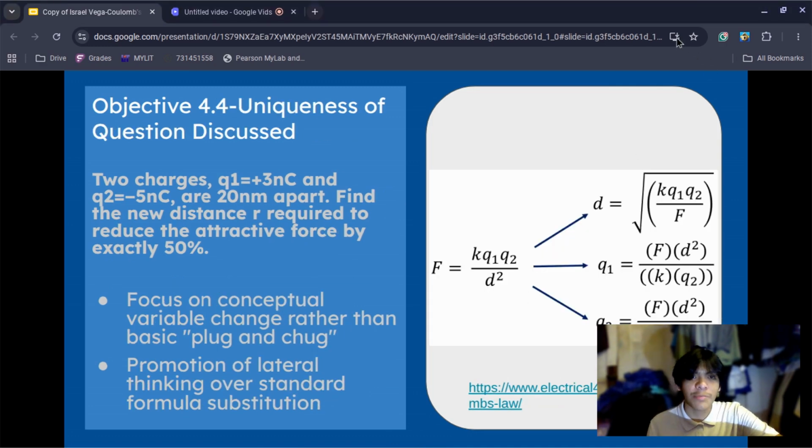And this problem is actually really unique compared to other ones. Like I said before, this problem is more focused on conceptual variable change instead of plug and chug variable substitution, and it promotes lateral thinking over substitution. And this is really similar to what my professor does. He has us analyze how increasing or decreasing one variable changes another, and by doing this, you're analyzing how decreasing the attractive force affects the distance between these two subatomic particles.